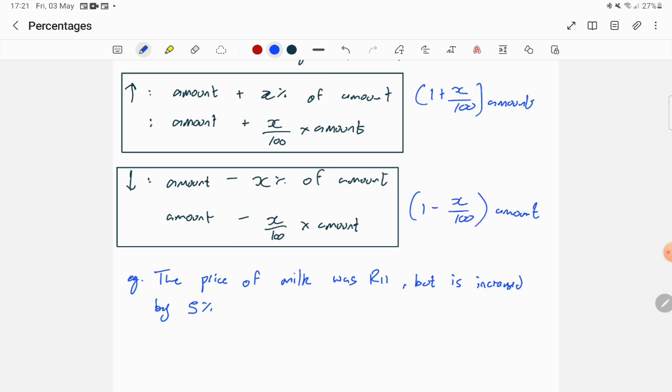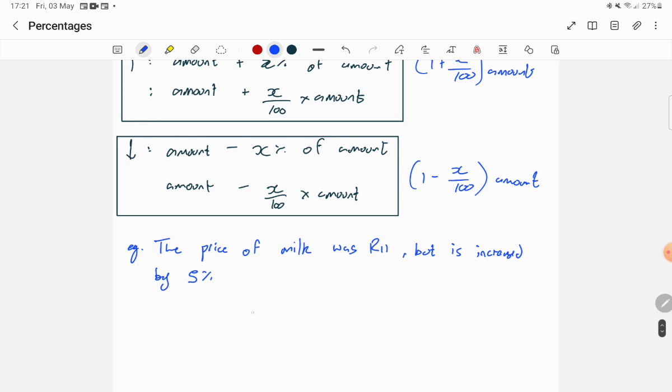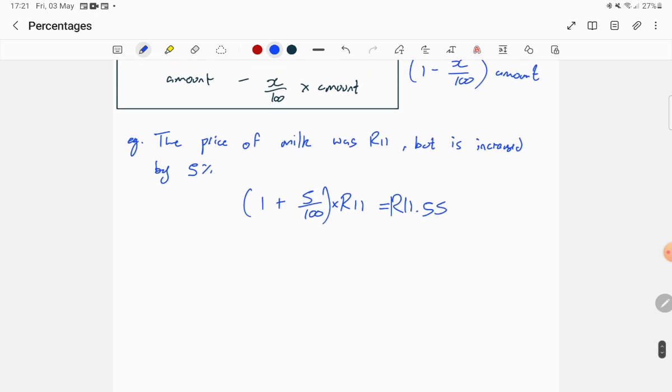Since this is a percentage increase, this would be 1 plus 5 over 100 times that 11 rand, and that would give us 11.55. So technically this specific part is 1.05. So if the price of bread was increased by, say, 20%, that would look like 1.20. So it's always 1 plus the decimal of that percentage.